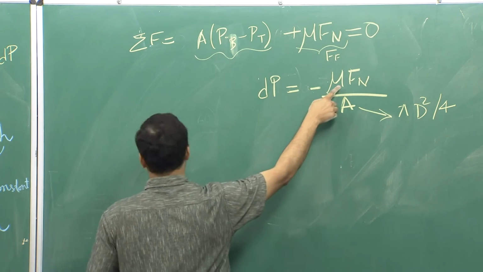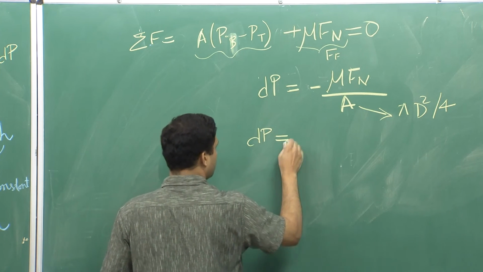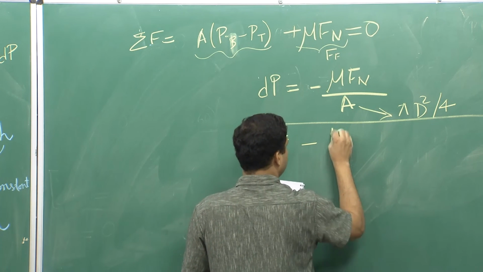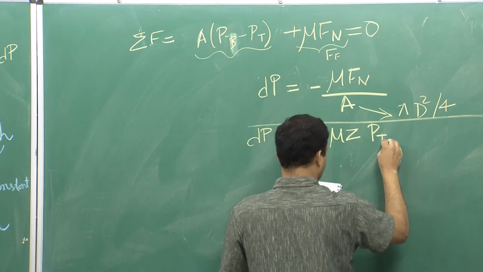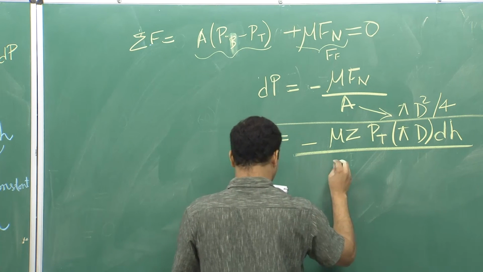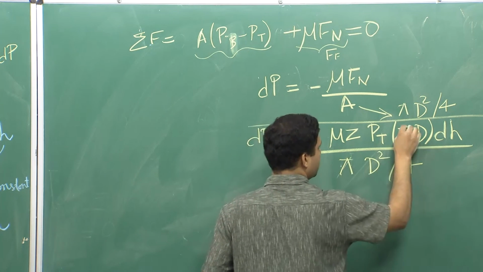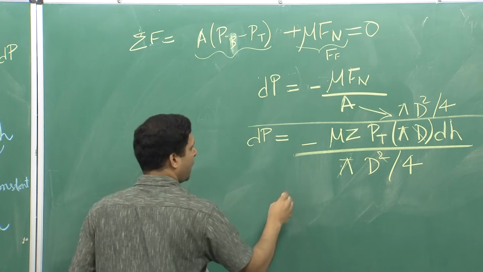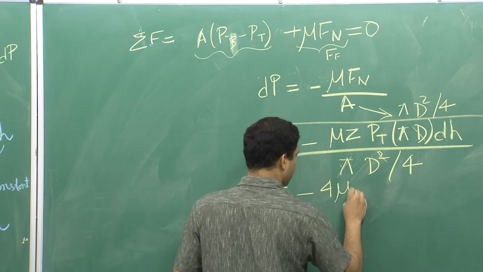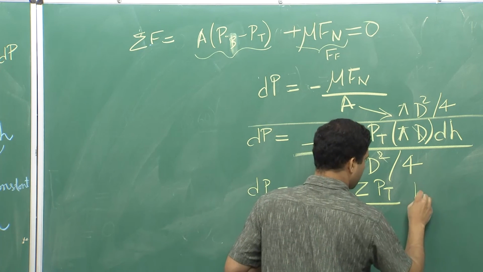We take mu Fn equal to Ff from here, and therefore we have dP equal to, now over here pi gets cancelled, this d gets cancelled, and what we have is dP equal to minus 4 mu Z Pt by d, times dH.